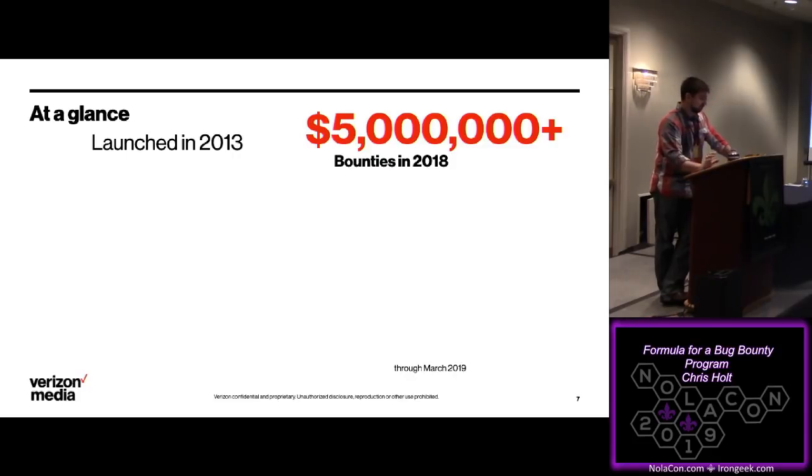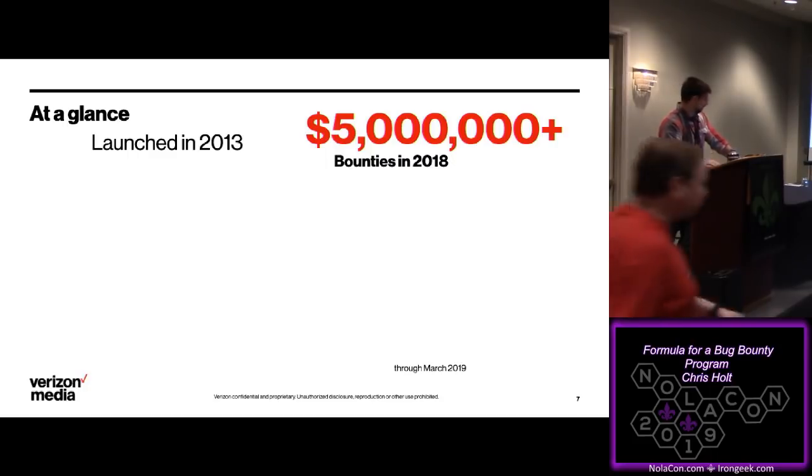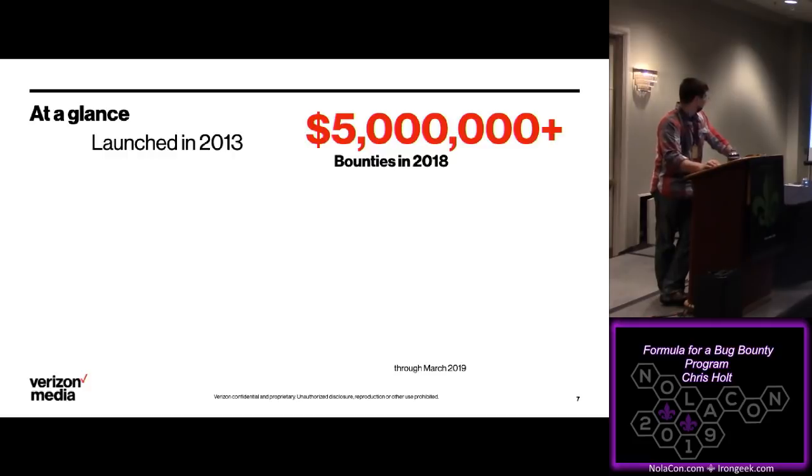How do we compare that to our program? Well, we've seen 3,900, nearly 4,000 researchers in our program over the past 6 years. And of those, we've paid 800, I think it's over 850, which means that 1 in 5 of the people in our program have ever gotten paid. So we're a little lower than the standard platform average.